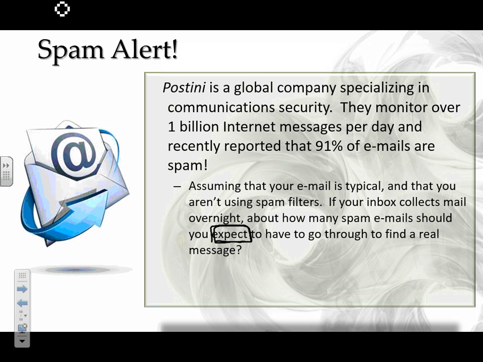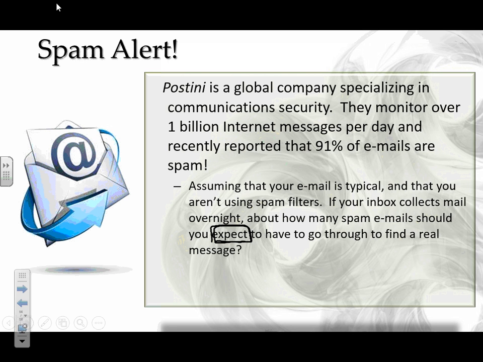They're asking for the mean of our distribution. So we don't want anything to do with the probability here as far as calculating the probability of this or that. What we want to know is how many emails should we expect to go through before we find a real email.